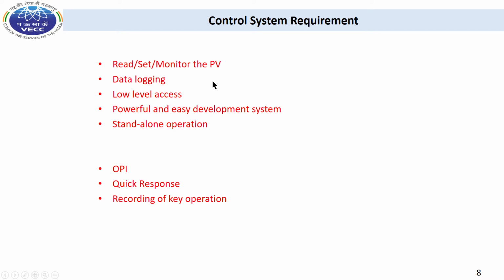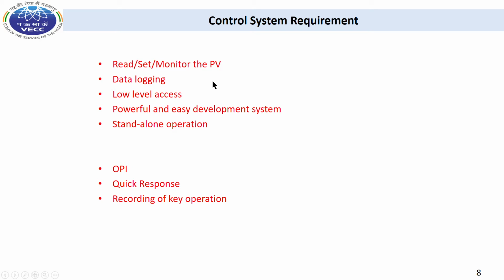Now, what is the control system requirement? The basic control system requirement is to read, set or monitor the process variable, that is various process parameters. Some parameters need to be set and some are to be monitored.